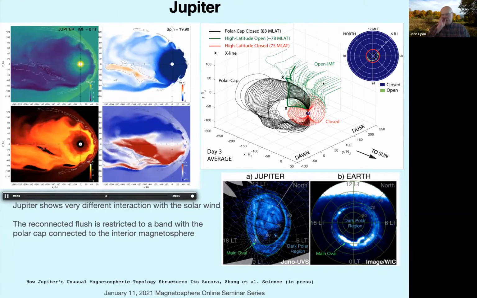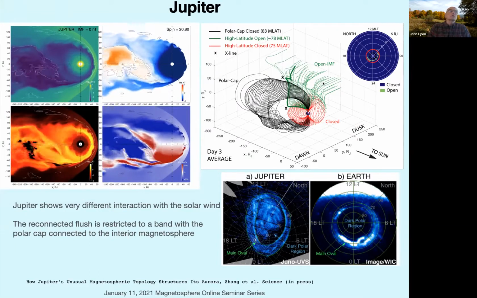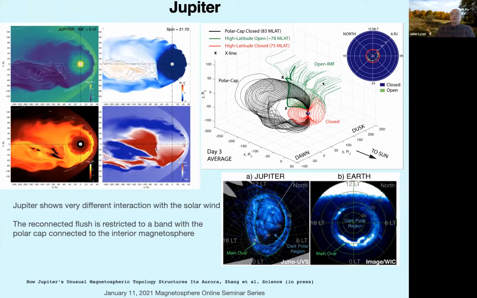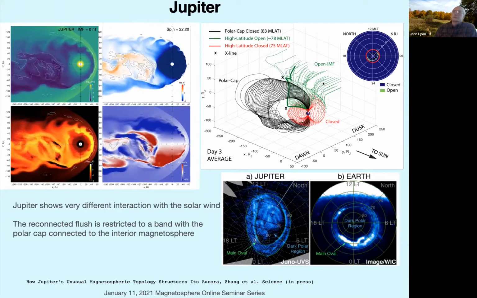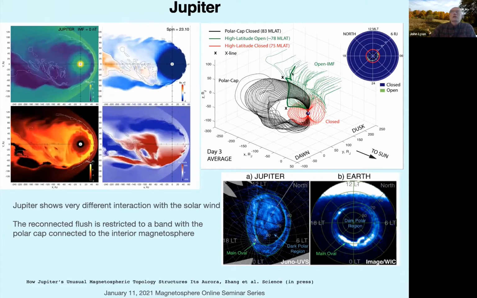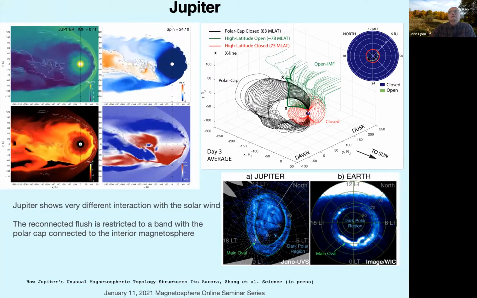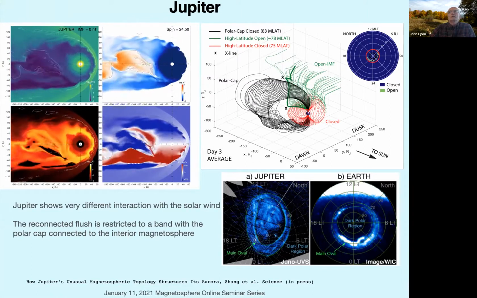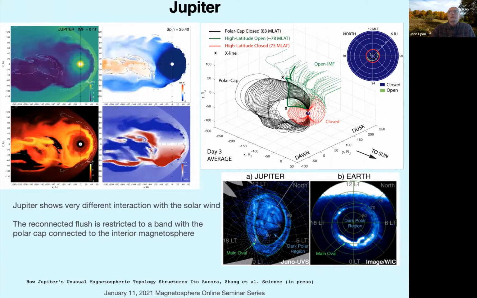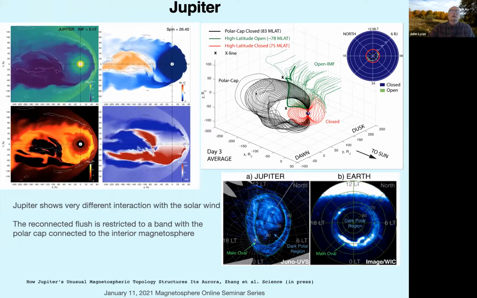And once stuff becomes reconnected, in contradistinction to the Earth, where the solar wind is strong enough to pull it across the top of the polar cap, the Jupiter rotation wins every time. So this green area here, the open IMF, actually ends up being a band in the polar cap.